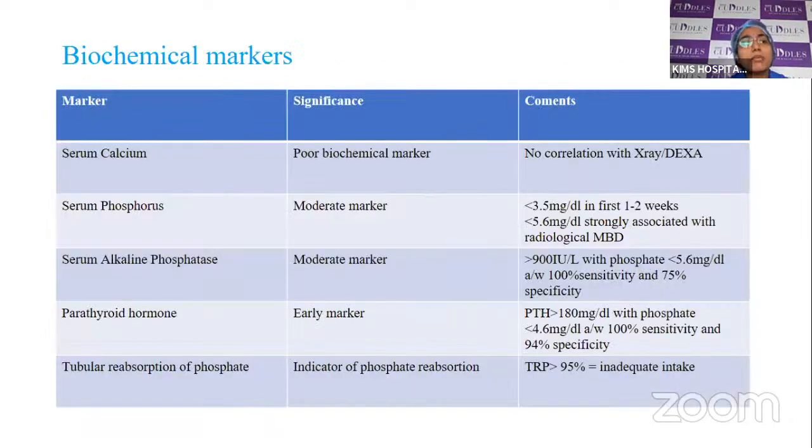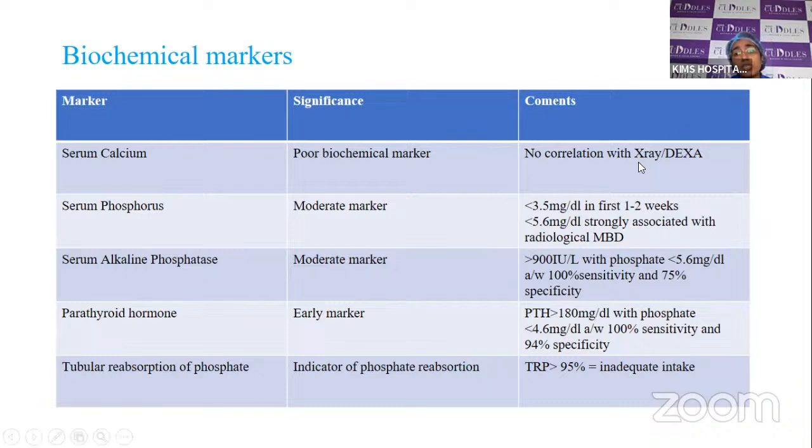So what are the biochemical markers we'll see in case of osteopenia of prematurity? We'll see each factor, its significance, and some comments on them. Serum calcium is a poor biochemical marker because, as I have explained in the pathophysiology slide, calcium can be normal because parathyroid hormone causes bone resorption and blood levels of calcium remain normal.